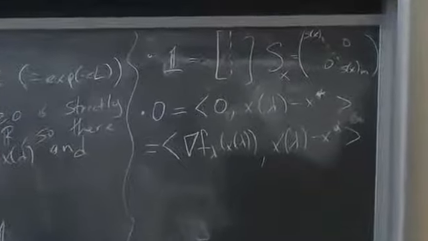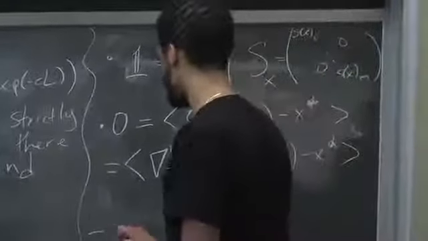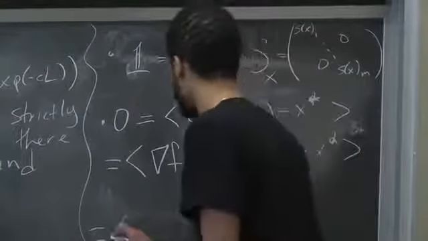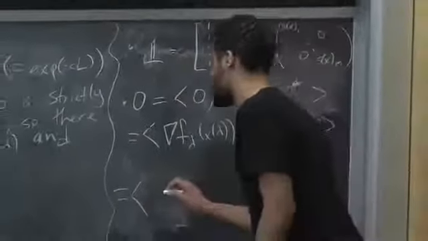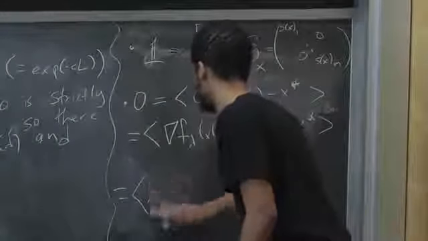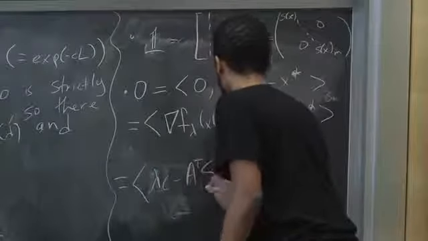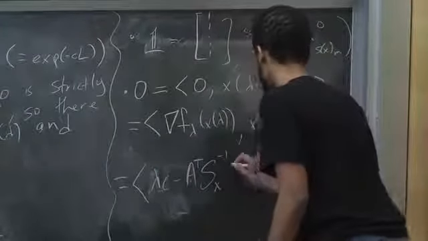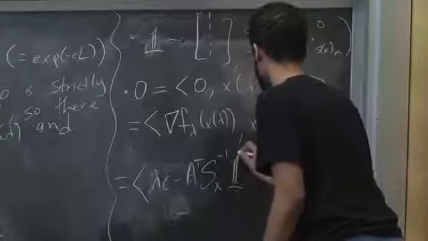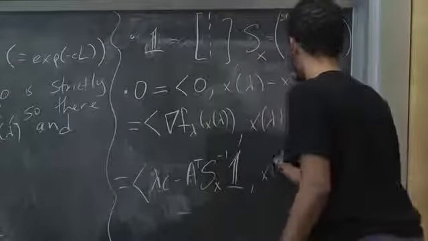Okay. And then now let me just write explicitly what that gradient is. We said that gradient is lambda c minus A transpose Sx inverse, the all ones vector, dotted with x lambda minus x star.